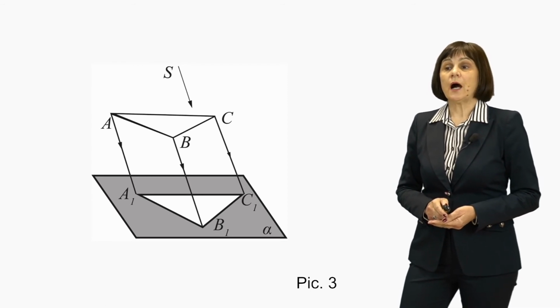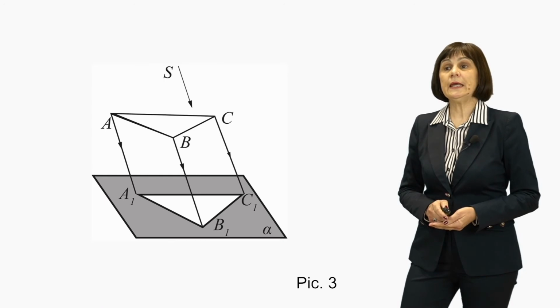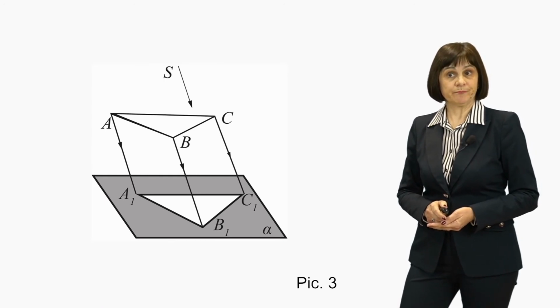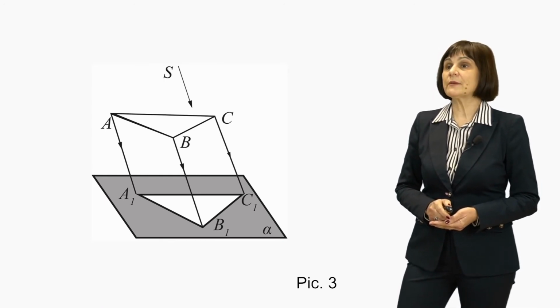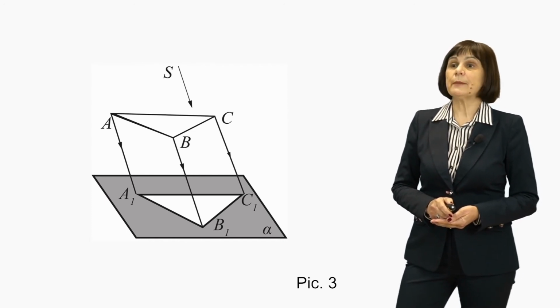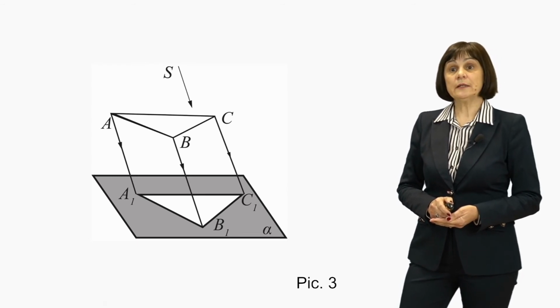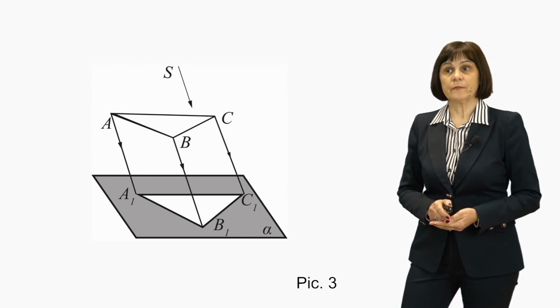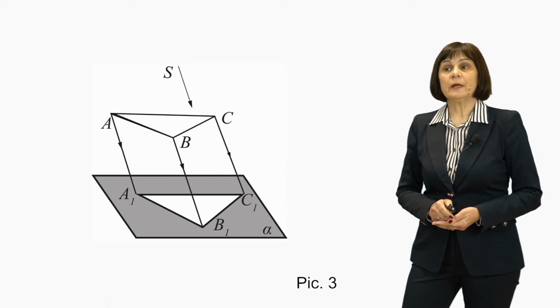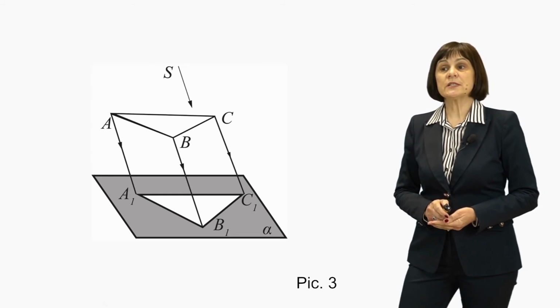These points are called parallel projections of points A, B, C. Now we connect the points, and on the plane A, we get a parallel projection of the triangle ABC. To perform a parallel projection, you need to find out the basic properties of these projections.